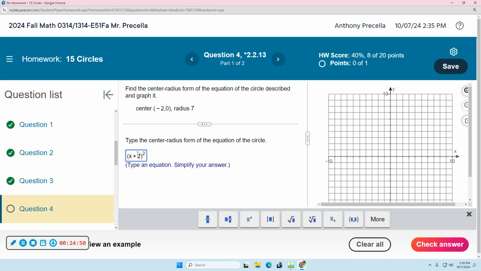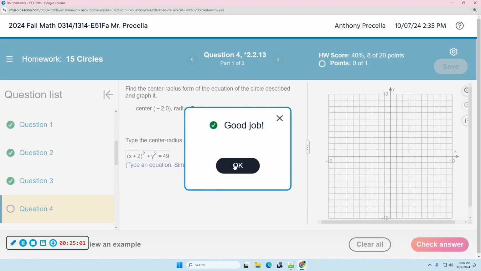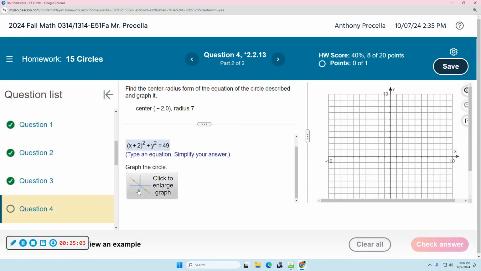Get out of that exponent, plus, get out of that exponent, equals 49.